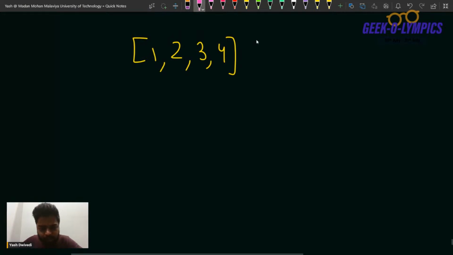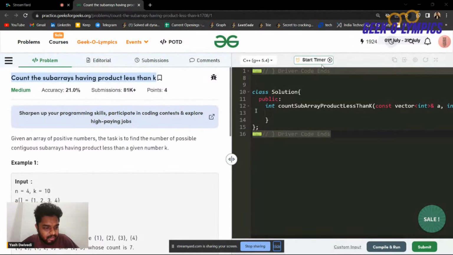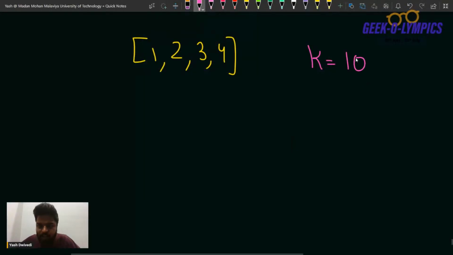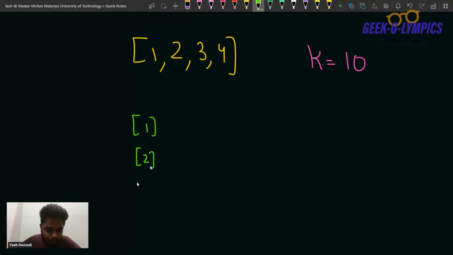Now, in this particular question, if this is the array that has been given, and suppose the k value has been given as 10 here. So what I need to find is all the subarrays which have the product less than k. So I can say that a single subarray which is having 1 will have the product less than k. 2 also will have the product as less than k. 3 will have the product as less than k.